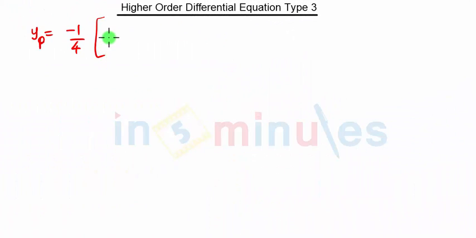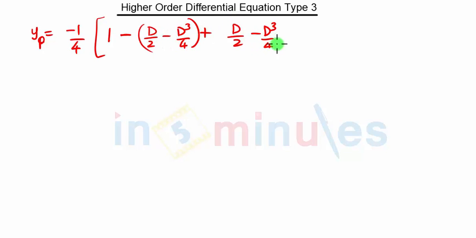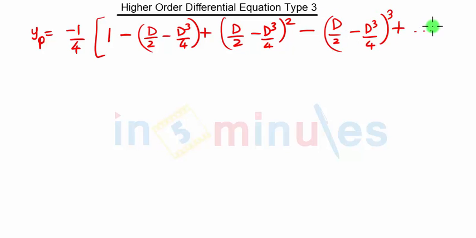So we have 1 minus x. In our case x is D by 2 minus D cube upon 4, plus x square, so D by 2 minus D cube upon 4 the whole square, minus D by 2 minus D cube upon 4 the whole cube, plus and so on. After that we have the terms of x, which is x cube plus 2x square plus 2x plus 3.